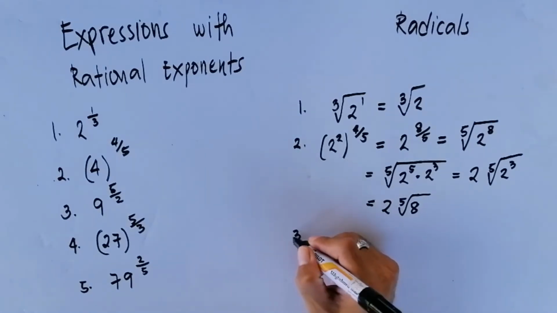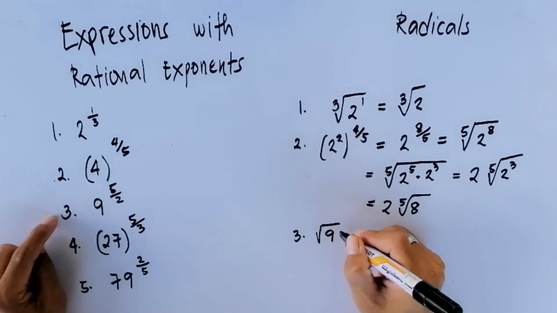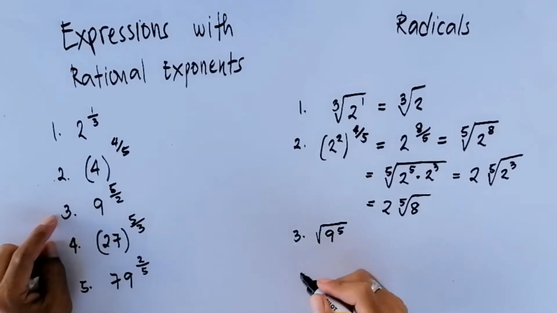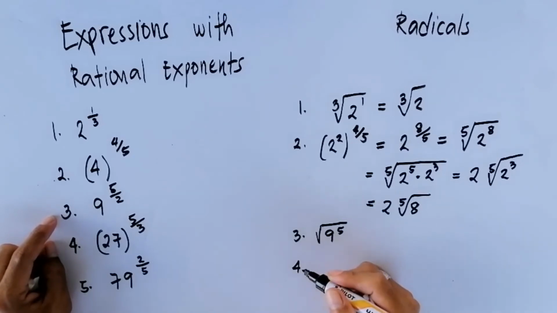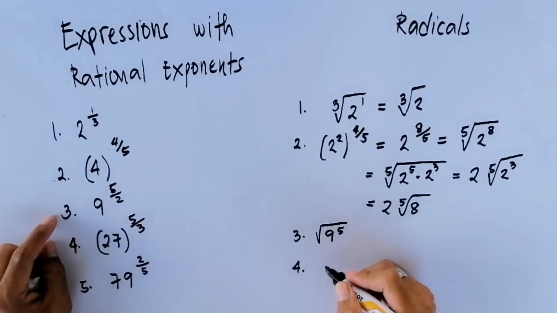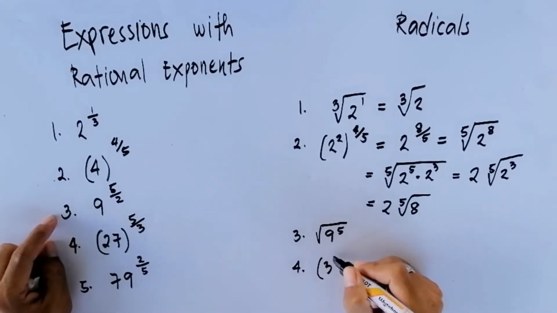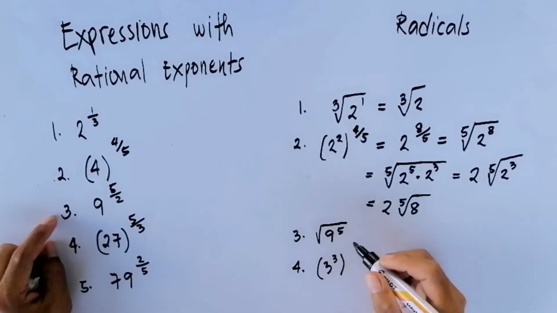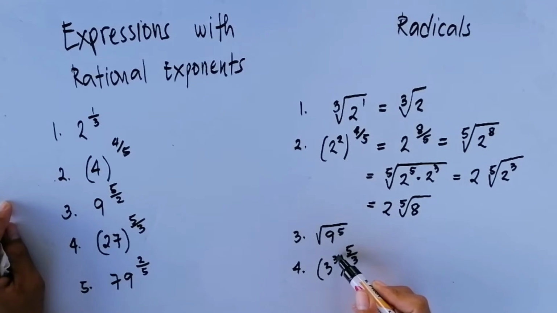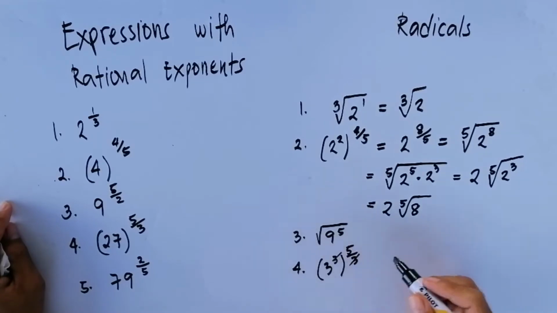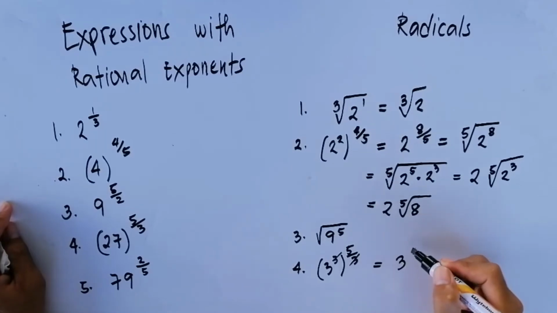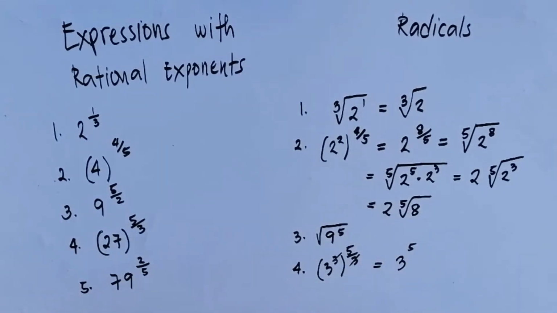For number 3, 9 raised to 5. Number 4, that is 3 raised to 3, and raised to the power of 5/3 is equal to 1. So we have the answer 3 raised to 5.